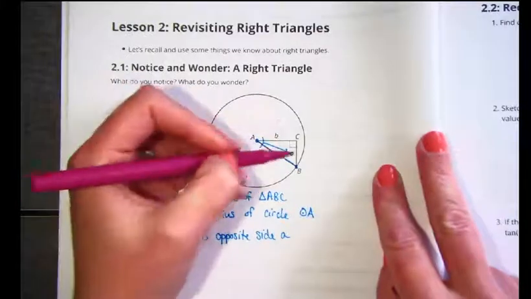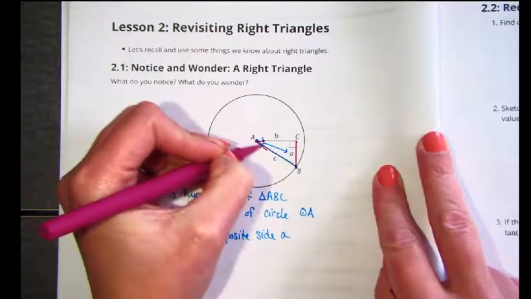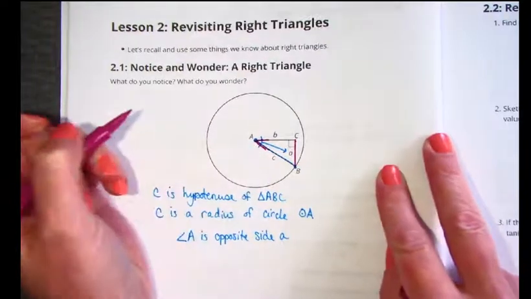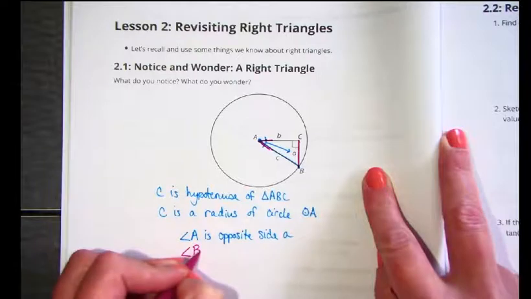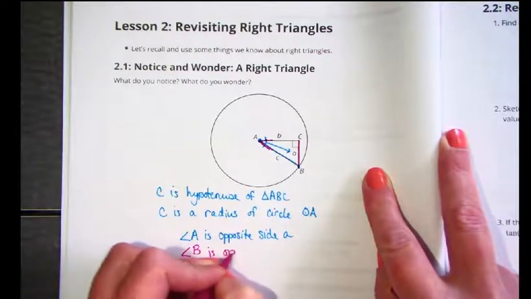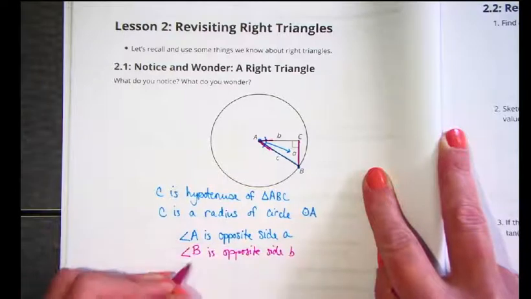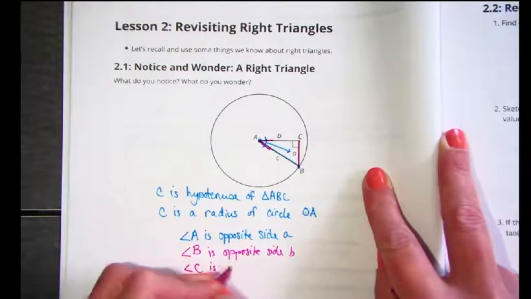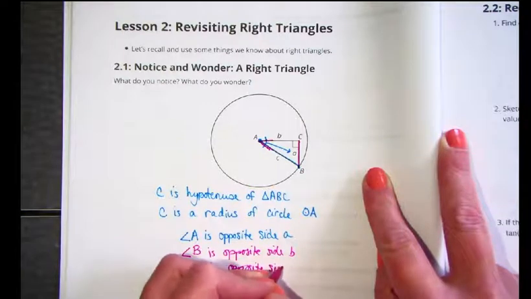The side is opposite the two sides that make up the angle. And we can say that for all of our other ones too, like angle B is opposite side B. Angle C is opposite side C.